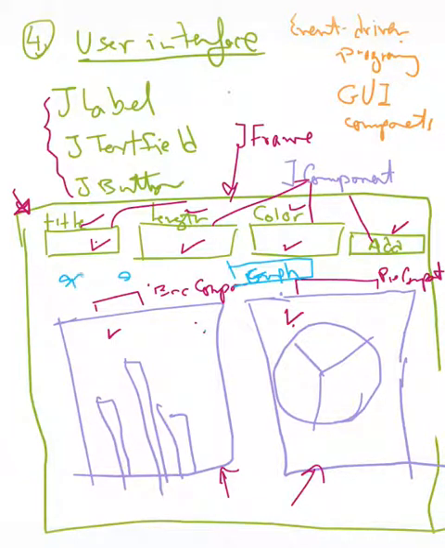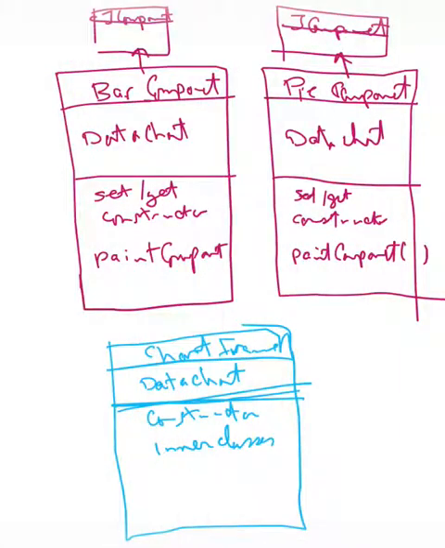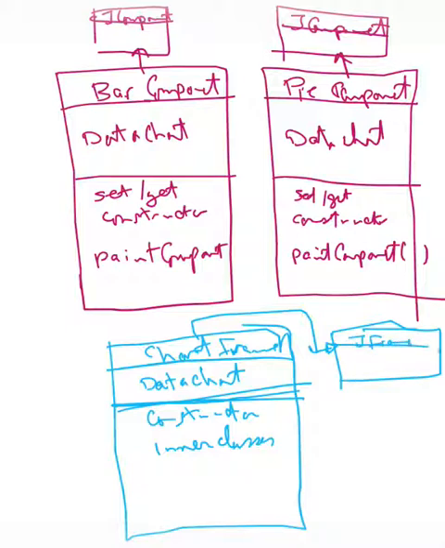I'm going to create two option buttons where the user will select one of them, and when the user hits graph or add, based on the selection, only one component will be drawn at a time. There are so many different options, and you need to make your own decision on what you want to have. This chart frame will need to extend the JFrame class from the library so that it is a frame and can be used. You can see some examples of that towards the end of chapter 11 as well as in chapter 18.